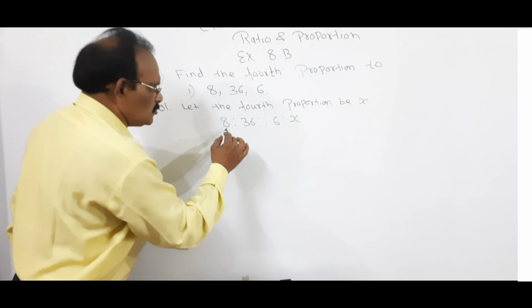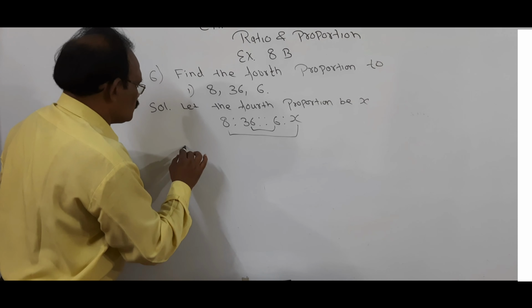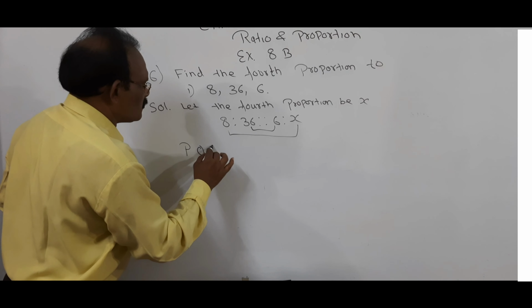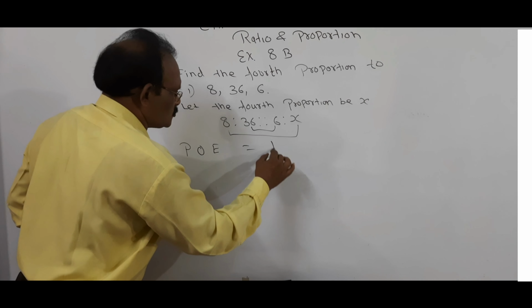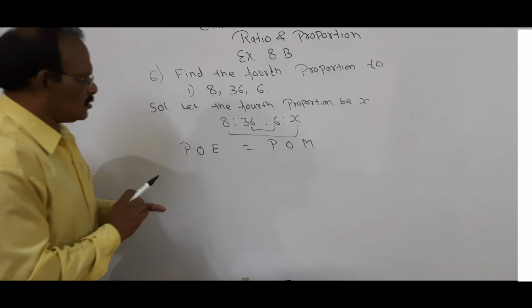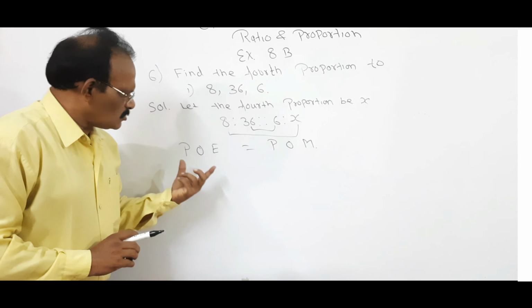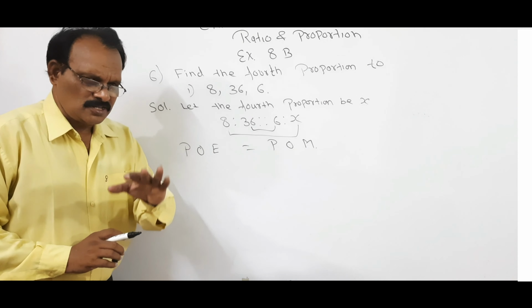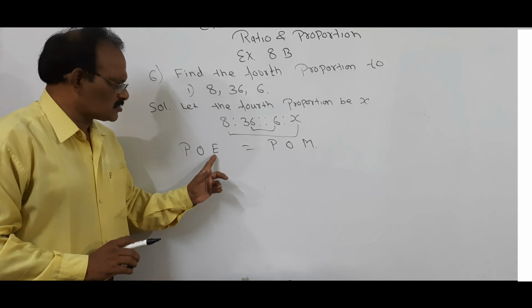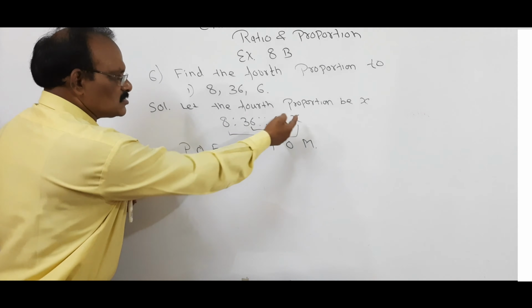x is in extremes, so product of extremes is equal to product of means. I am writing it in shortcut form since I already wrote it in full in previous questions, but in your notes, write product of extremes is equal to product of means. Why did we choose extremes? Because x is in extremes.